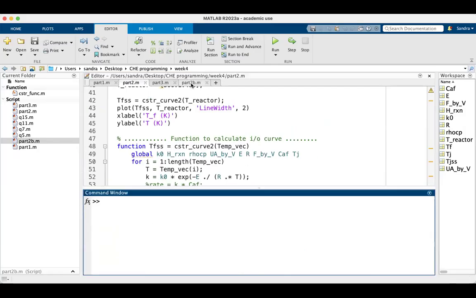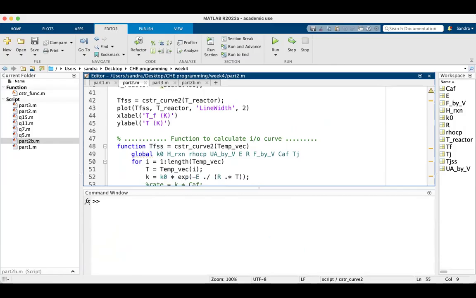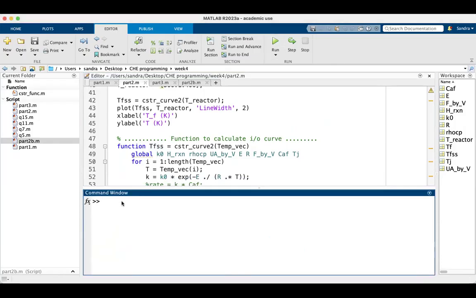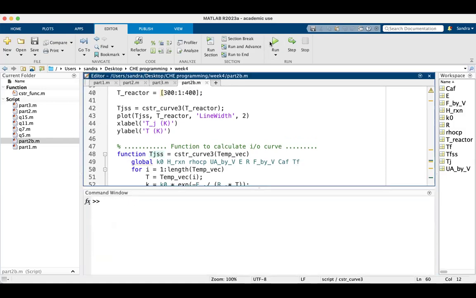Maybe for curiosity, we'll just do one thing. Run this whole thing.